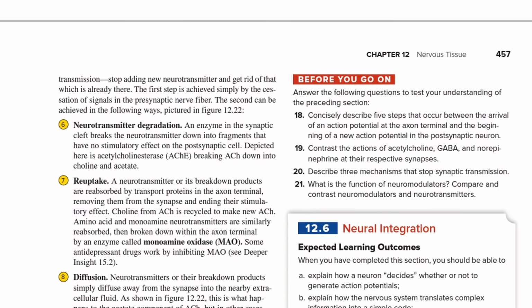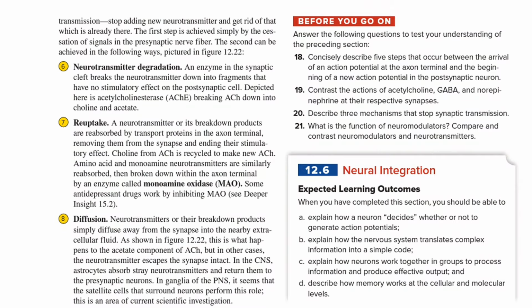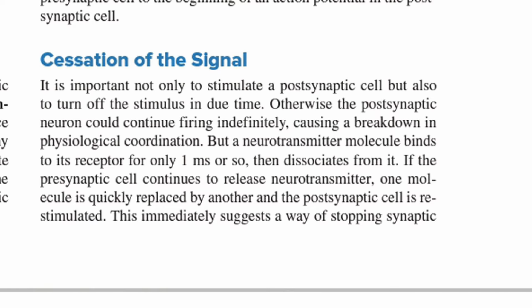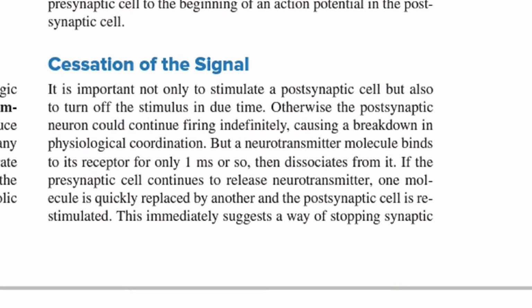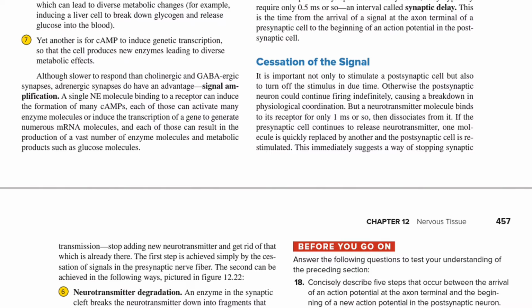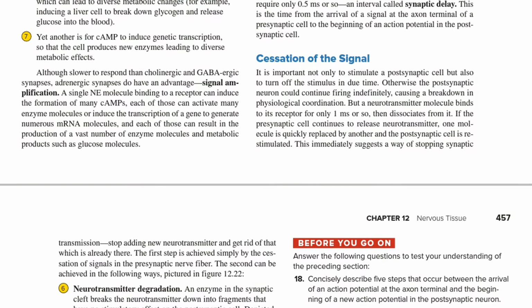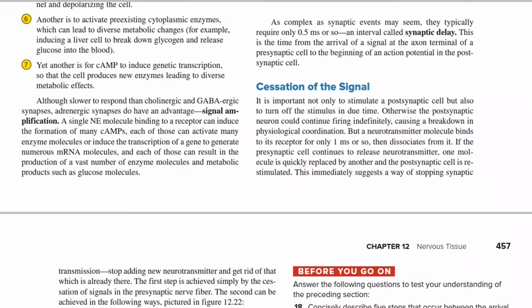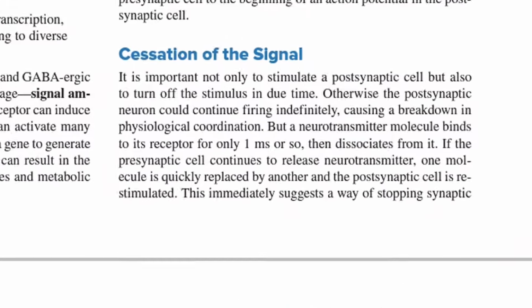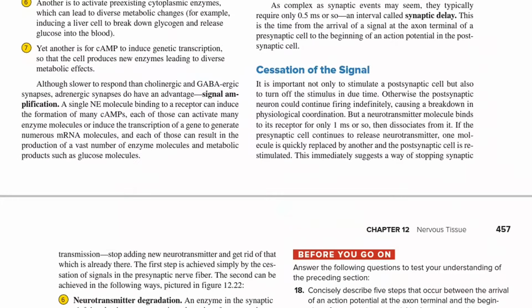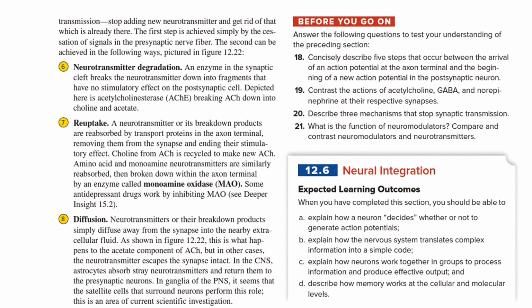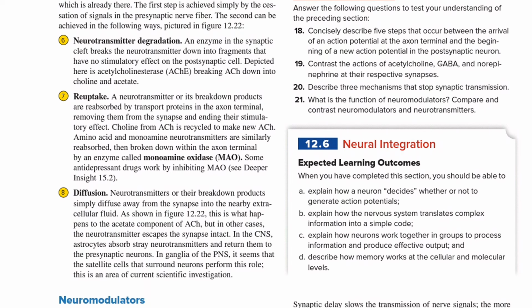Then, cessation of the signal: what events happen after the nerve impulse has traveled through? So, cessation of the signal, all the events. We have discussed neurotransmitter degradation, reuptake, then diffusion.